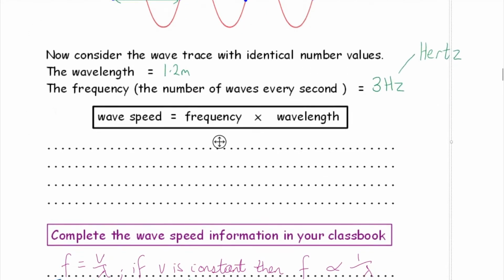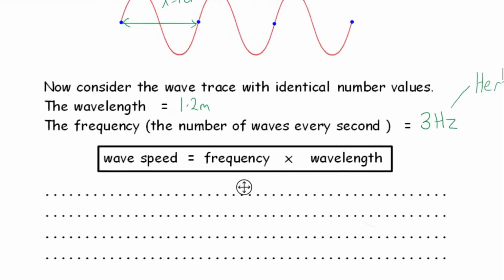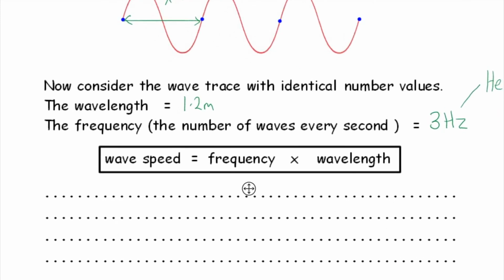So if we wanted to work out the wave speed this way, we write down the equation and we put in the values. Equation, number, answer and units.